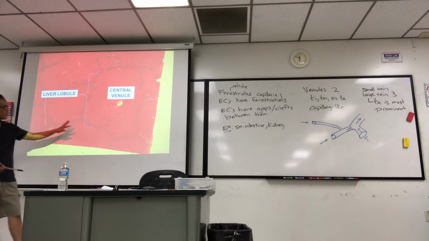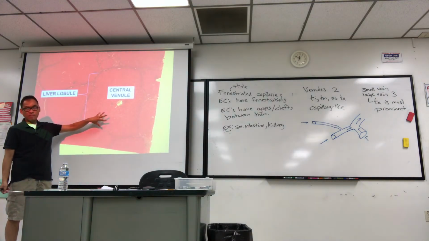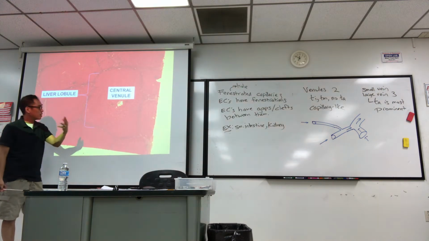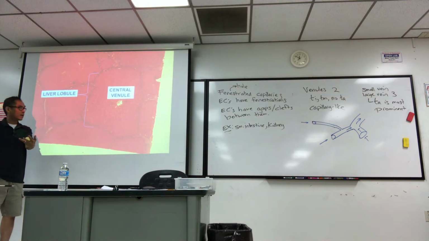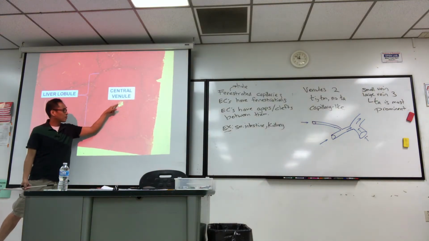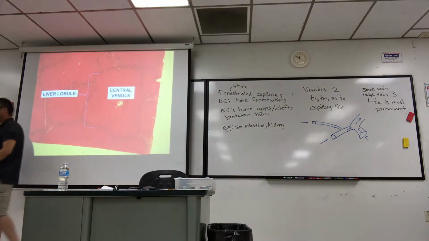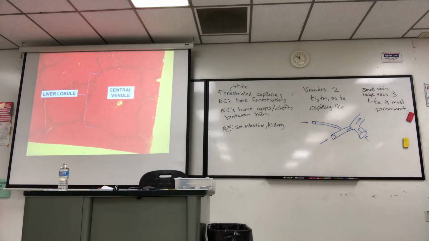And as blood in the sinusoids flows towards the middle, the hepatocytes do their job. The blood has been received from the digestive tract mostly. We'll get to that. But anyways, once it gets to the vein, it's on the way out. So that vessel in the middle is categorized as a venule. It's the only venule I could think of that I have access to in our collection.